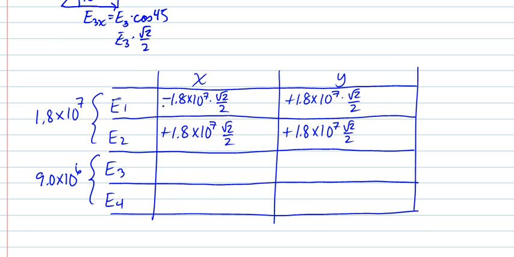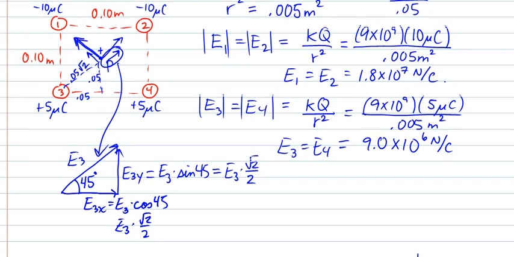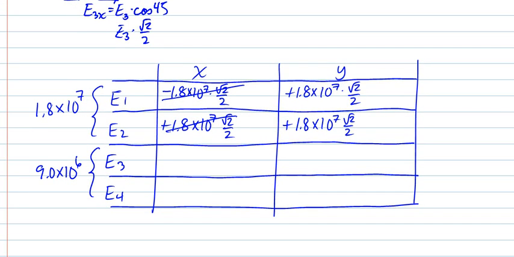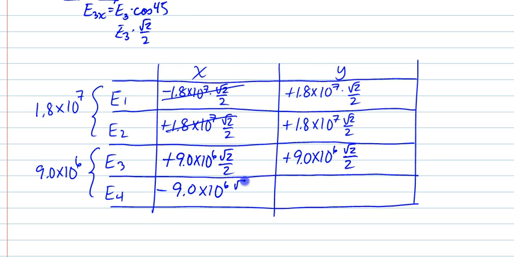So you can already see that these x components are going to cancel and the y's will add together. And the same thing for E3. E3 is going up and to the right. Okay, so that's going to be positive 9.0 times 10 to the 6th root 2 over 2, and positive 9.0 times 10 to the 6th root 2 over 2, and then E4 looks something like this. It's up to the left, so it has a negative x component and positive y component.